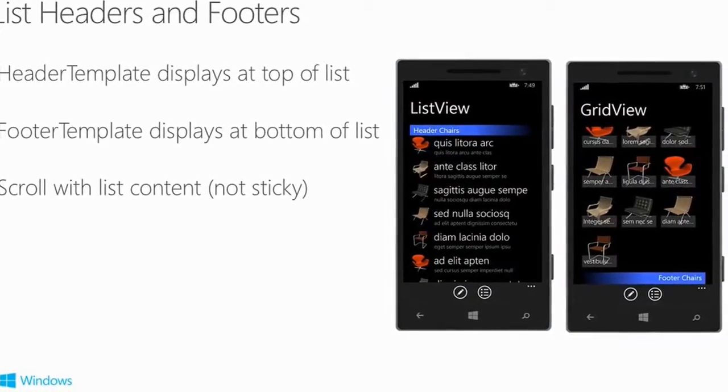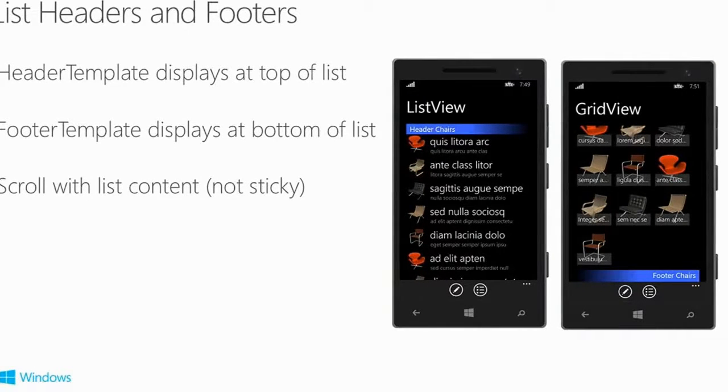The items panel defines how our items are going to be laid out inside the list control. And then if we're grouping our items, we have a group style, which has a group container style and a group header template. That's going to define what the headers of our different groups look like when they're rendered.